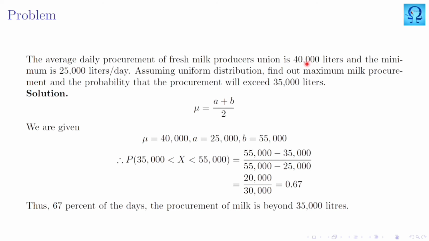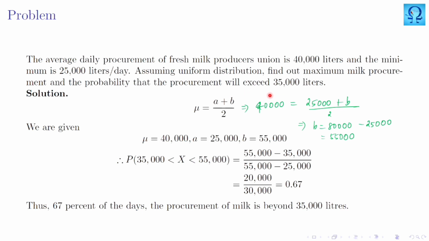If we substitute mu equals 40,000 and A equals 25,000 in the mean formula, 40,000 will be equated to (25,000 plus B) divided by 2. So from this, B is 80,000 minus 25,000, and that happens to be 55,000, isn't it?